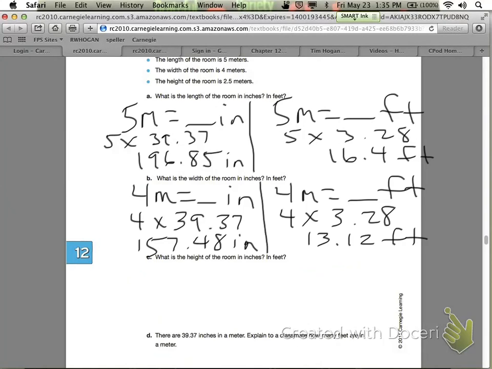For letter B, now we just want to know how many inches are in 4 meters and how many feet are in 4 meters, because that is the width of the room.